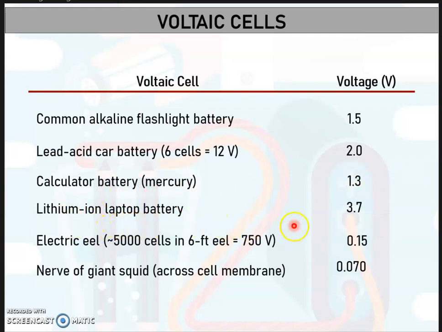Lithium ion laptop battery will give us 3.7 volts. Electric eel that has almost 5,000 cells in 6 feet length of eel, which is equal to 750 volts, will give us 0.15 volts per cell. Nerve of a giant squid will give us 0.070 volts.